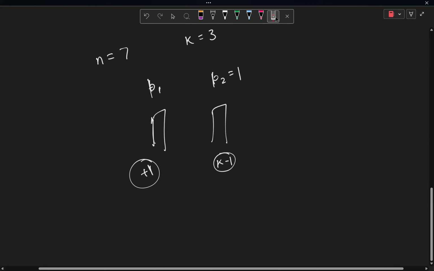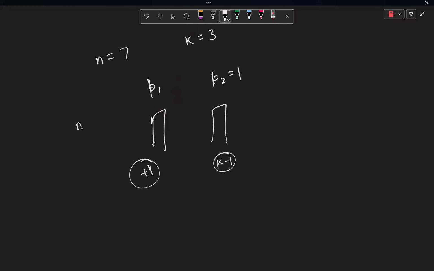I had got this intuition that Alice initially has n equal to 7 coins. If I place the price in such a way that Alice buys only one item and is left with k minus 1 coins, then since the price here is equal to 1, she would buy k minus 1 items here, and eventually she would have got k items in total. This was the intuition I got, and then I tried to think about it.